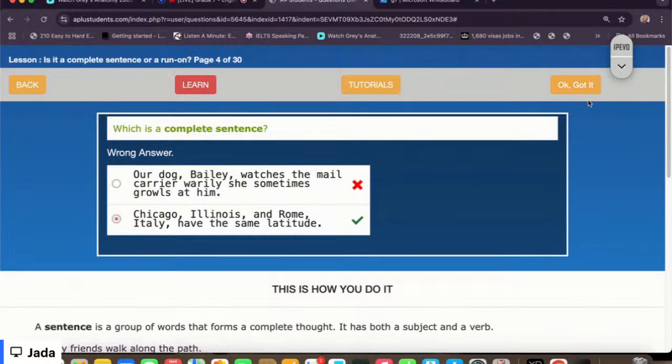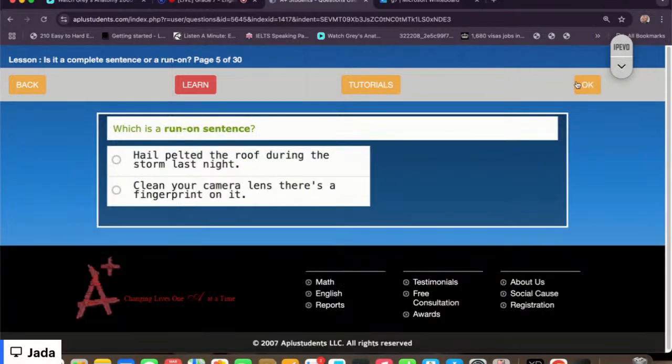Oh, so the first is not a complete sentence. It is a run-on. So the second is the complete sentence. So you have to take note of that.